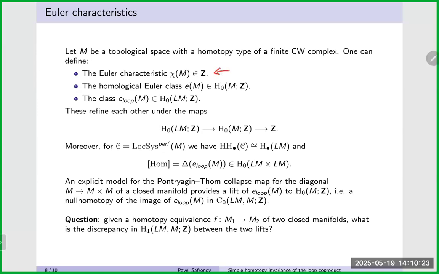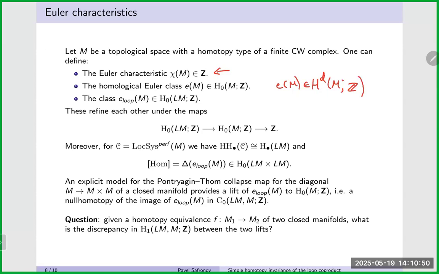Okay, so you have this Euler characteristic, which is a number associated to a manifold. There's a slightly better object, which is called the Euler class. So usually people consider the cohomological Euler class. This depends on the choice of an orientation.